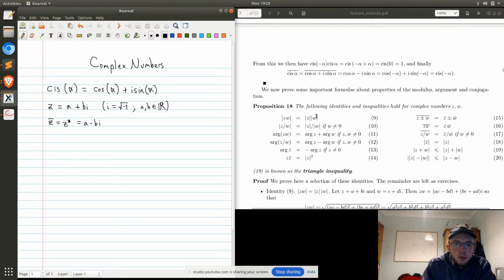And so now we're looking at properties regarding the modulus and the conjugation operation, and also taking the argument of a complex number. All right, so I need to remind myself what it means to take the modulus of a complex number.